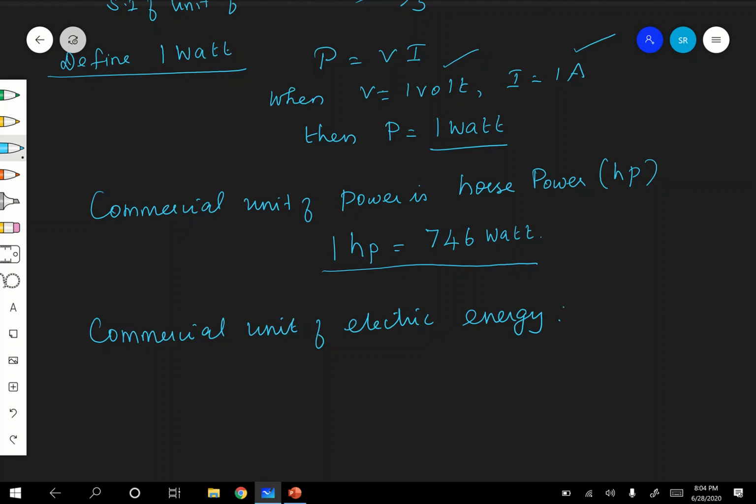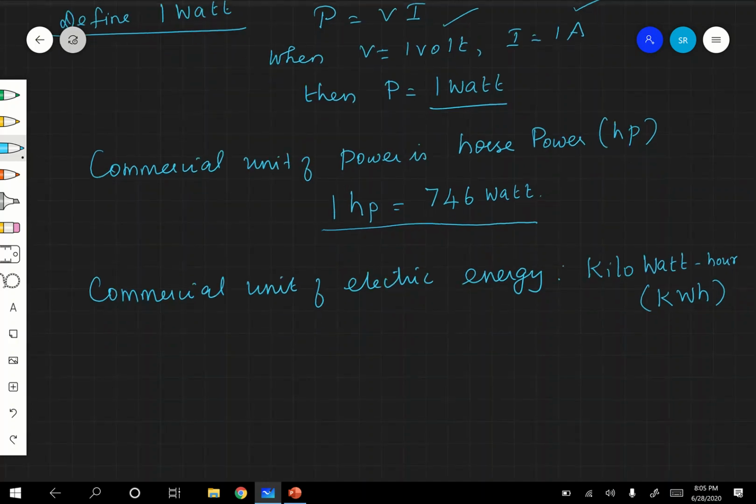The commercial unit is kilowatt hour. This is the symbol, kilowatt hour. Is it clear?